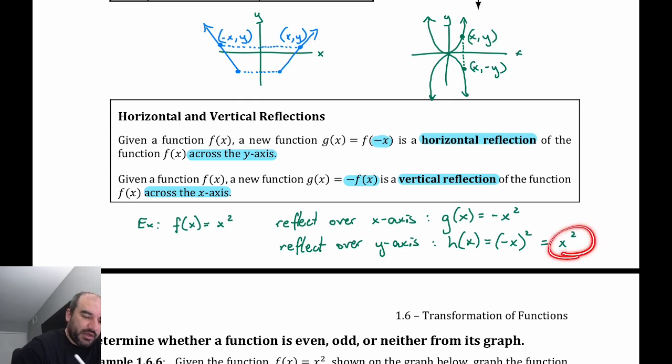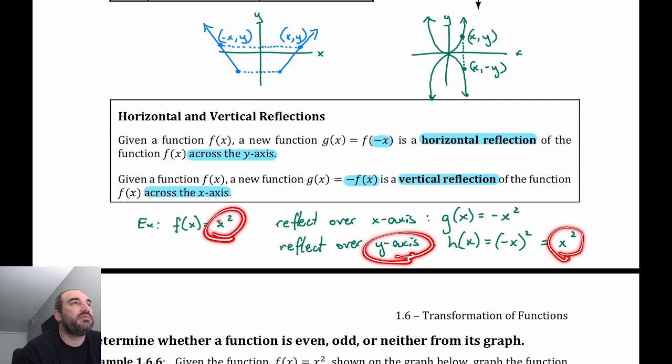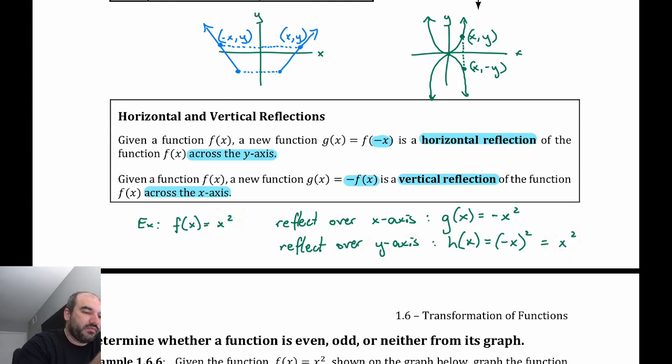So that's kind of interesting that we reflect over the y-axis and we get the original function. Is that surprising though? Or I should say, why is that not surprising, that reflecting over the y-axis got us back to the original function? Because parabolas are symmetrical about the y-axis.